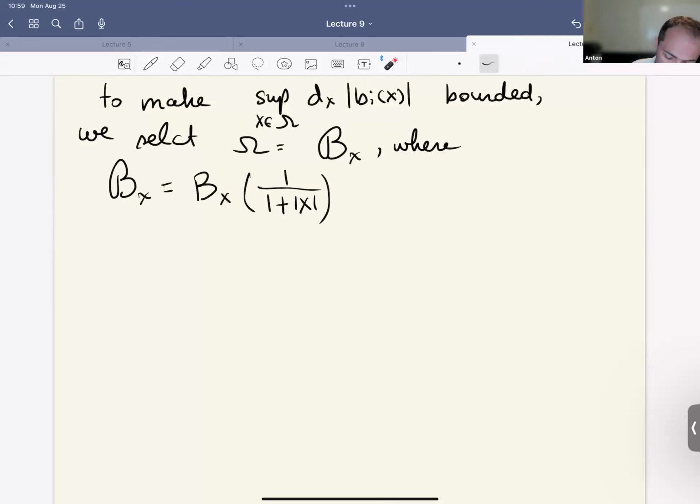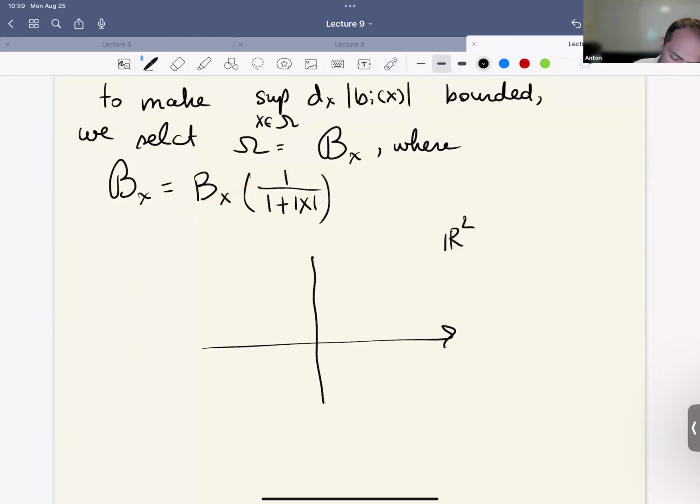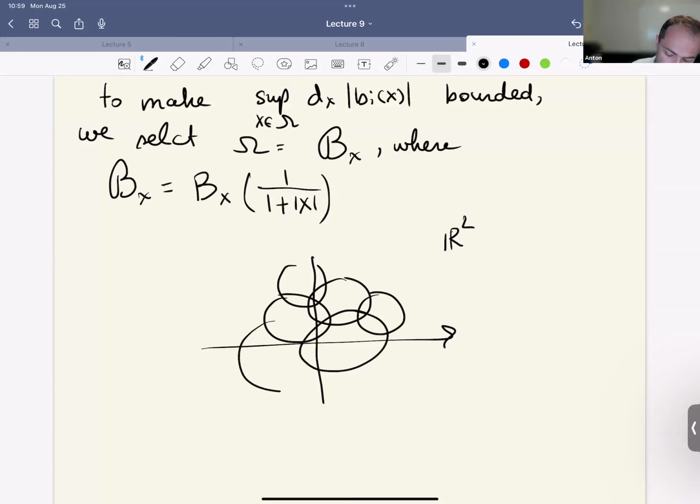On a picture, what these bounds are going to look like is, let's say this is R^d, R^2. We have the Poisson equation, which is defined on all of R^2. And in order to bound it, instead of establishing a single global bound for the derivatives, we're going to focus on local neighborhoods.